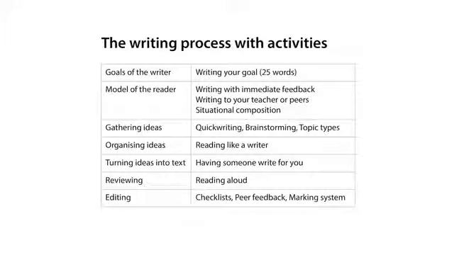There is a kind of writing which is called situational composition. In situational composition, the teacher clearly describes the writing task to the learners. For example, you have to write a report for the members of your class.